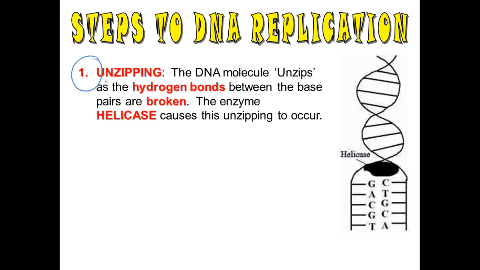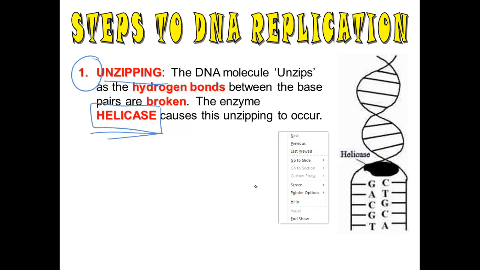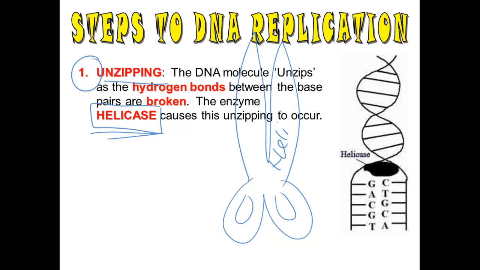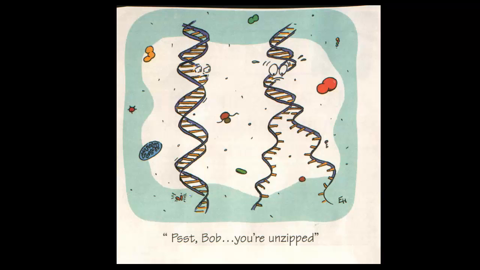So what are the steps to DNA replication? How does this all work? The first thing that you have to do is you have to unzip the DNA. You have to cut those hydrogen bonds, and there's a special enzyme that does that, called helicase. You can think of helicase as a big pair of scissors. Helicase will cut those hydrogen bonds between G and C and between A and T, and it'll separate one side of the DNA molecule from the other.